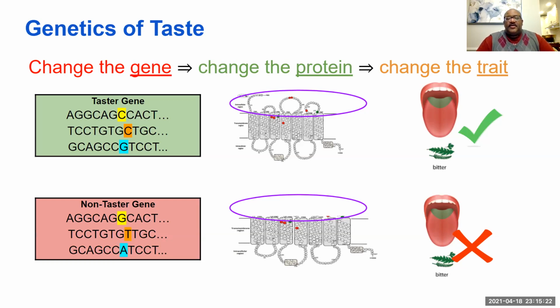The RNA actually codes for amino acids, so if one letter changes, sometimes that can change what the actual amino acid is, and so that could change the protein. And if you change the protein, you could change the trait. Like here, the trait for bitter taste. If you change a few of the letters out, as you see there, and we'll get to what that means, you can change the trait, and so the person may not be able to taste bitter things like they should.